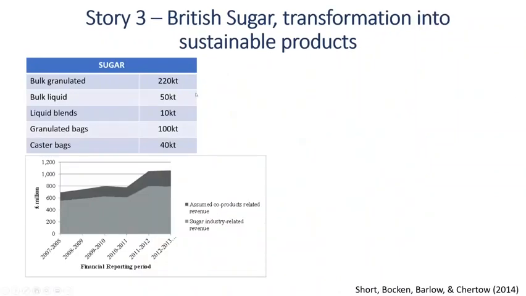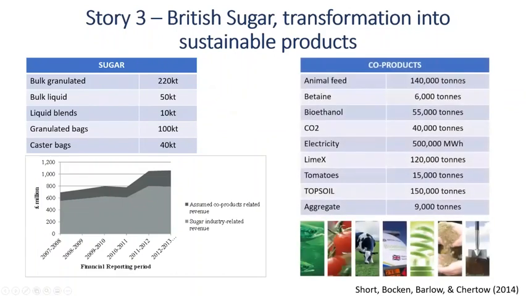So what I want to say is that there are lots of different types of sugar that are produced, but look at all these co-products that are coming out of their residue streams. So animal feed, I mentioned the betaine, 6,000 tons, the CO2 and so forth. It seems like almost everything is being used symbiotically in British Sugar.